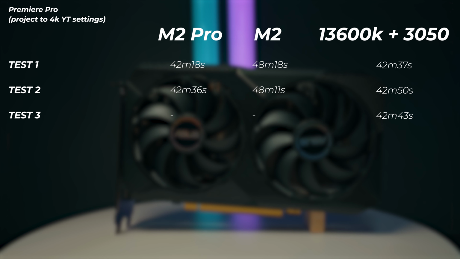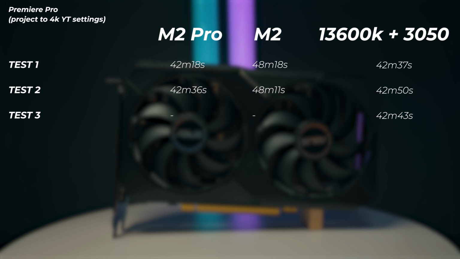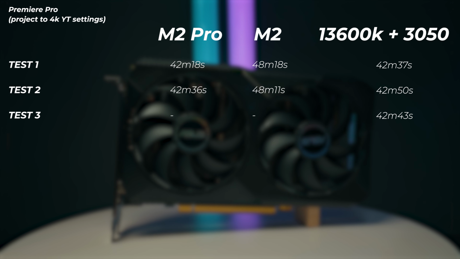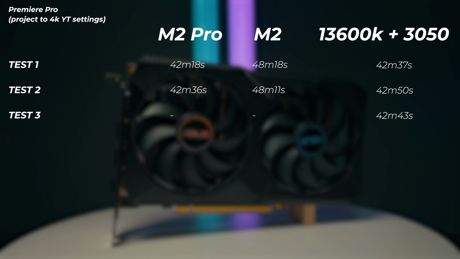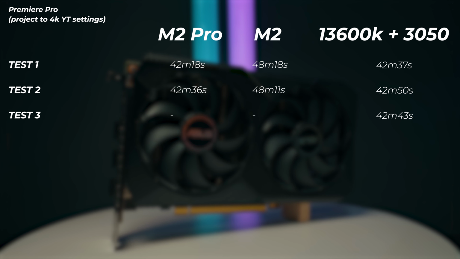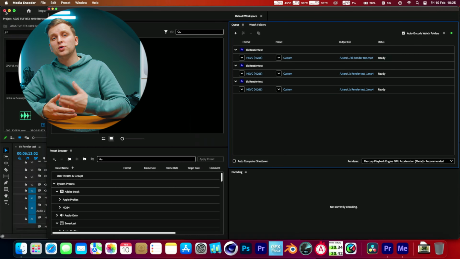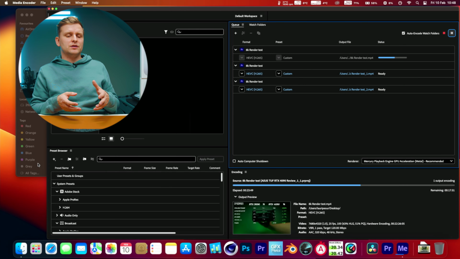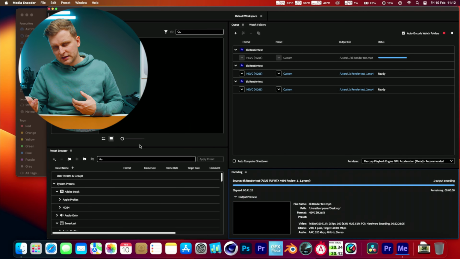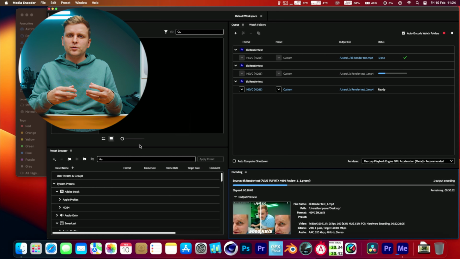And looking at the results, we can see that the M2 Pro is the fastest in the bunch. It completed it in roughly 42 minutes and 30 seconds, something like that. As you can see, I have done multiple tests on all of these devices just to make sure that there is not a single exporting error where it was updating something in the background or something was interfering with the settings.